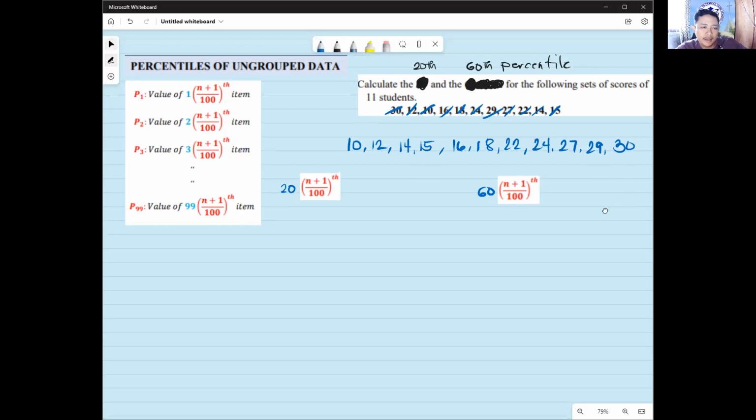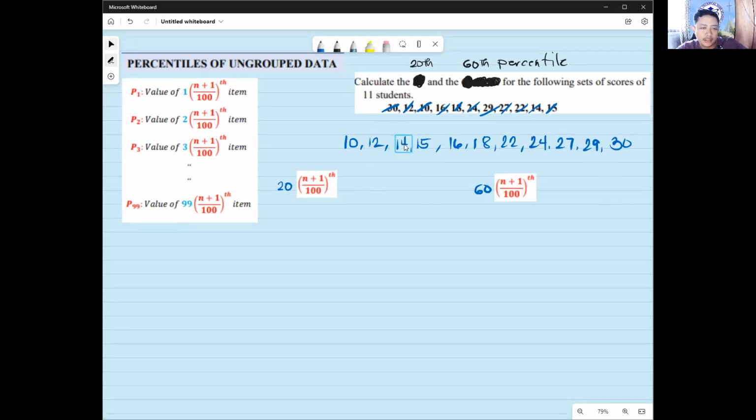That's it. Okay, so let me just verify. 1, 2, 3, 4, 5, 6, 7, 8, 9, 10, 11. Okay, now that we already have arranged our set of given, we can now proceed with our solution.